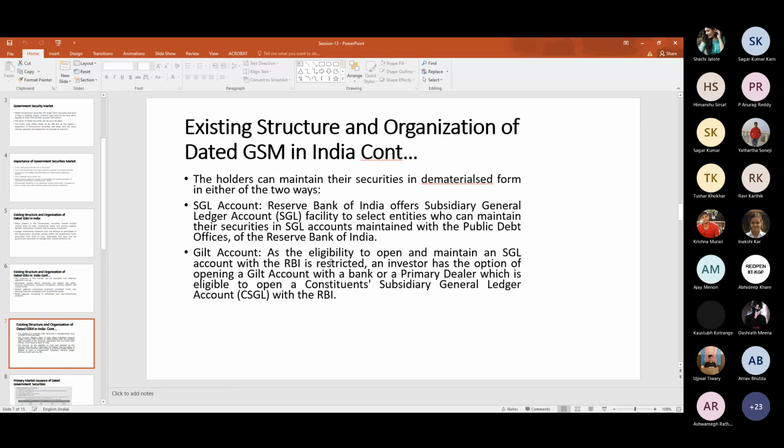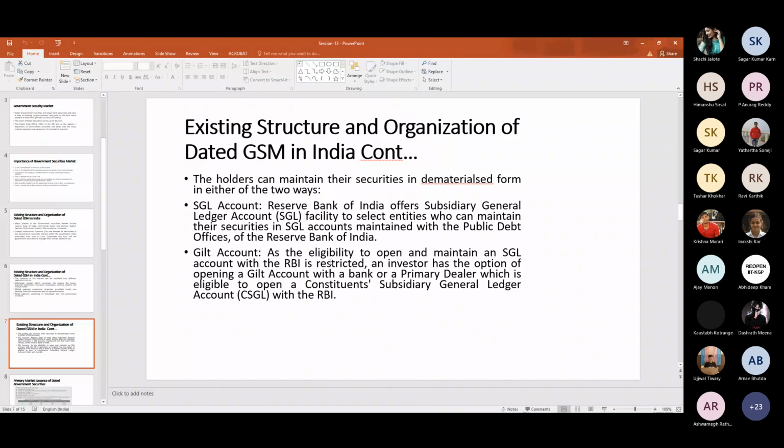That means if you want to invest in government securities, you go and open one gilt account with a bank or a primary dealer. And that primary dealer is eligible to open this SGL account with the RBI. Through that process, the investment can be made. That means you are not allowed to open this SGL account with the Reserve Bank of India.